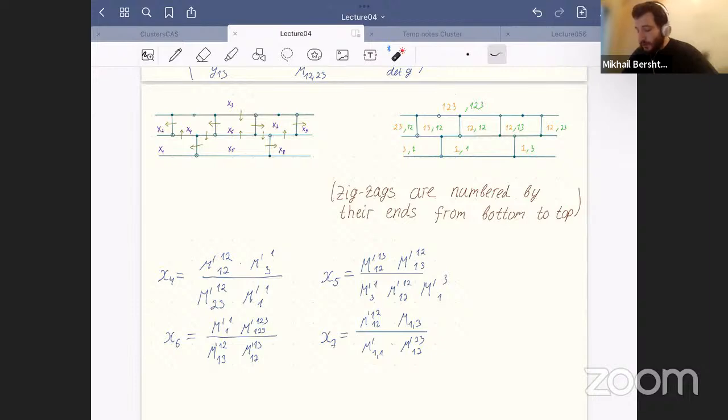And here I put the corresponding numbers. There is a small issue that here my numbering differs from the one which I used before. Practically on this picture, it means that orange zigzags at the beginning are labeled from the bottom to the head.